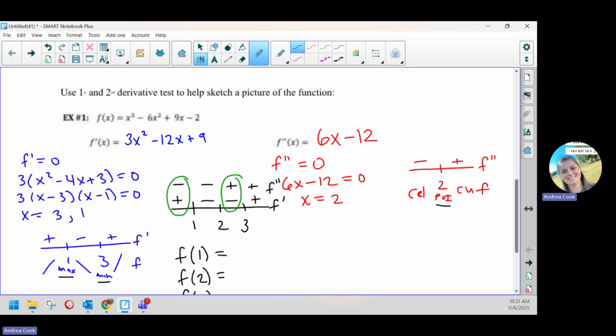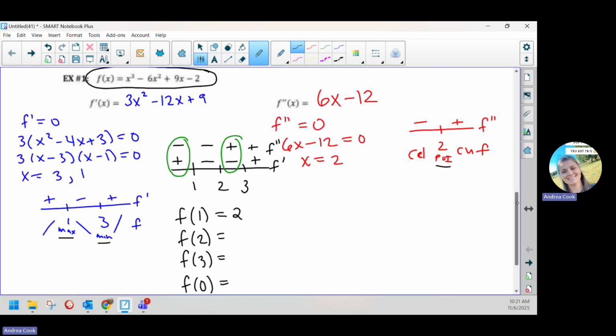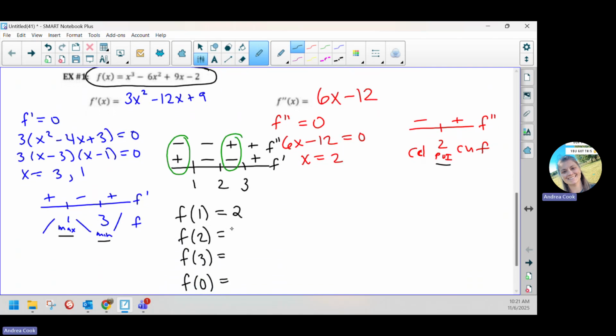So I'm going back up to this function and I'm plugging in 1. And when I plug in 1, I get 2. Then I'm going to plug 2 in there and I get 0. When I plug in 3, I get -2. And when I plug in 0, I also get -2.